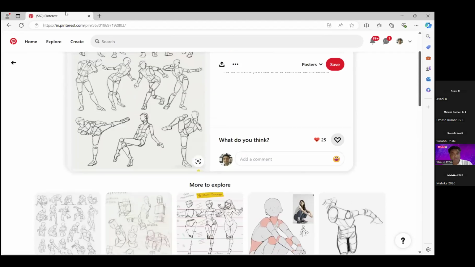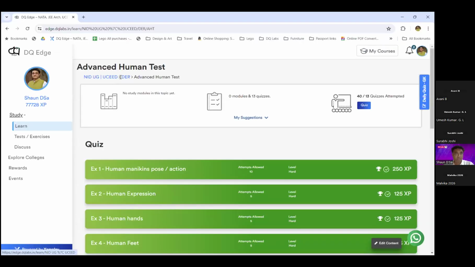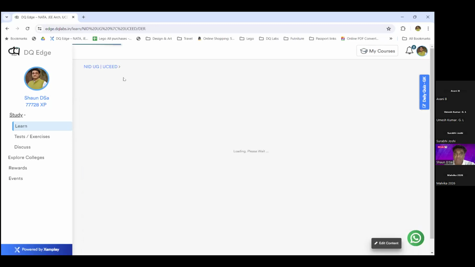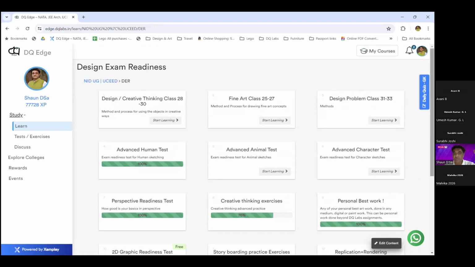Now, once you practice these sketches, okay, let me share another screen. You are not only supposed to draw it, you are supposed to upload your work, okay? Because later in October, or even on a regular basis, we will ask you for your work.